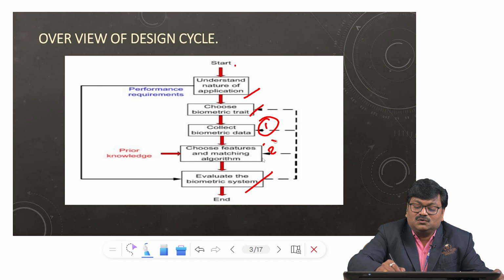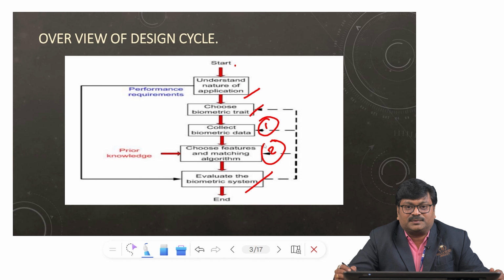That is how to collect the data from the trait and how we are going to perform the evaluation. So here we are collecting the biometric data, and this data is related to the trait which we have chosen. Based on that, we are going to extract the features from it.